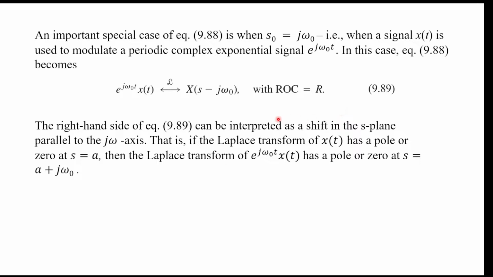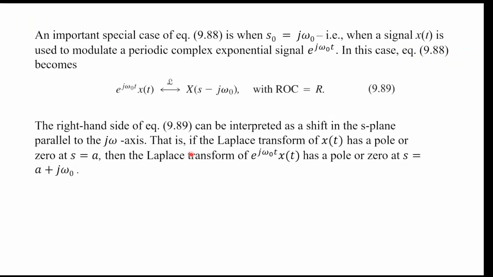This actually corresponds to a frequency shift in the Fourier transform. The ROC doesn't change at all, because the real part of j omega is 0, and so everything is just shifted along the j omega axis. Every point will get shifted by j omega in this example.